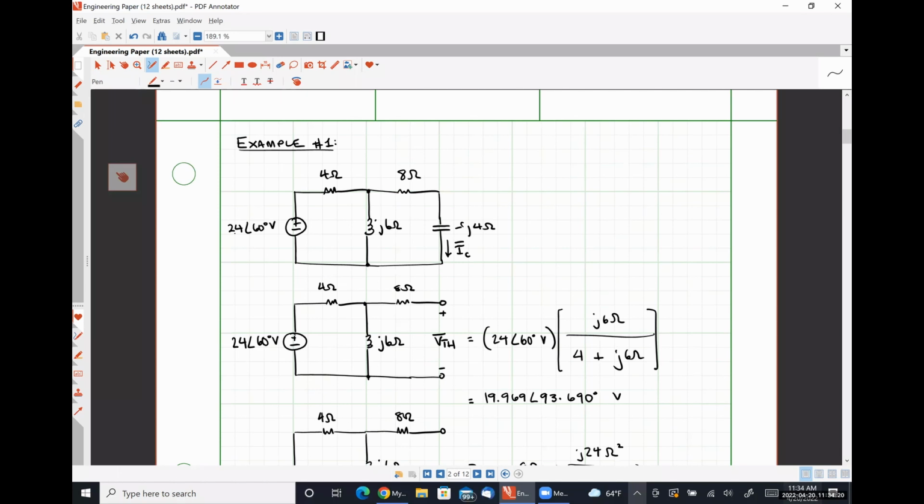So, as Bradley originally questioned, we could, if we were so inclined, perform mesh analysis on this circuit to determine that capacitor current IC. The reason why I tend to stay away from mesh analysis explicitly here is because I'm going to have a system of equations that I will have to solve that includes complex numbers.